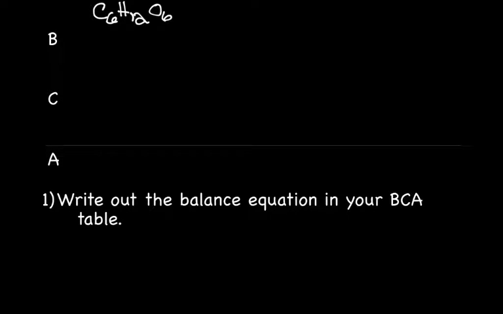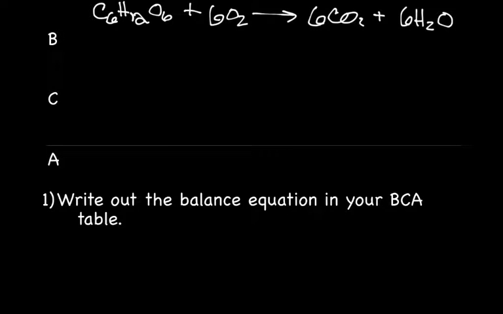So we're going to have C6H12O6 plus 6O2 producing 6CO2 plus 6H2O. And we'll divide this here, with the left side being the reactant side and the right side being the product side.